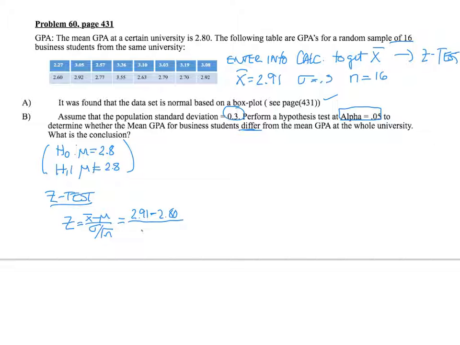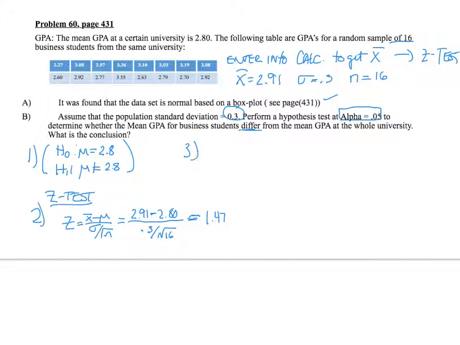Sigma is 0.3 divided by the square root of 16, of course, which is 4. So we get an answer of approximately, if I round up, 1.47. And then this was step 2, this was step 1.